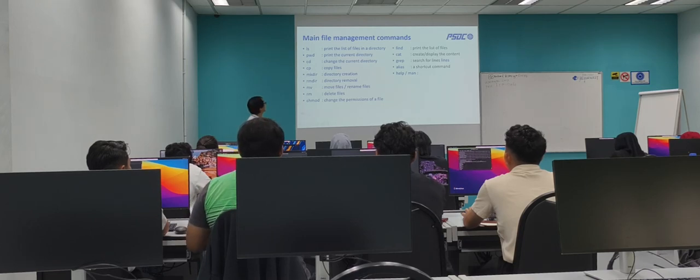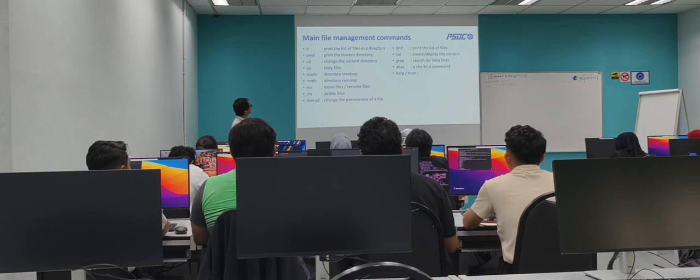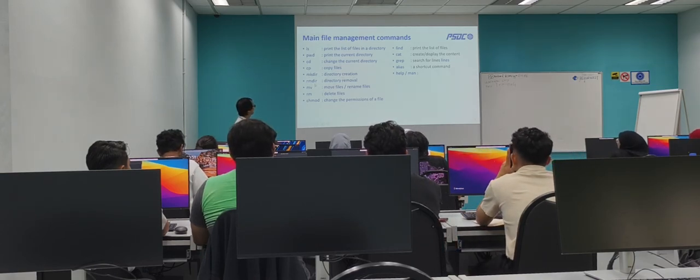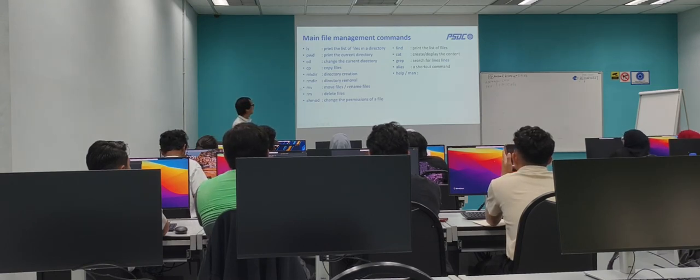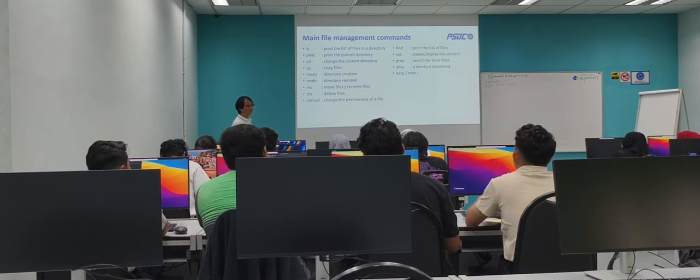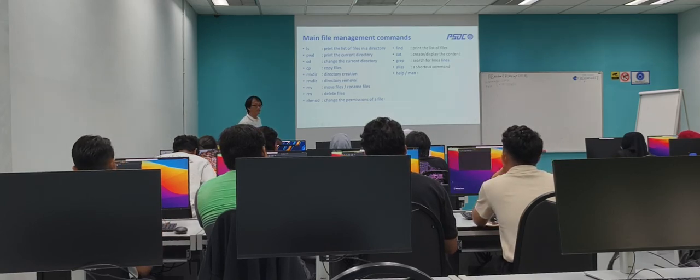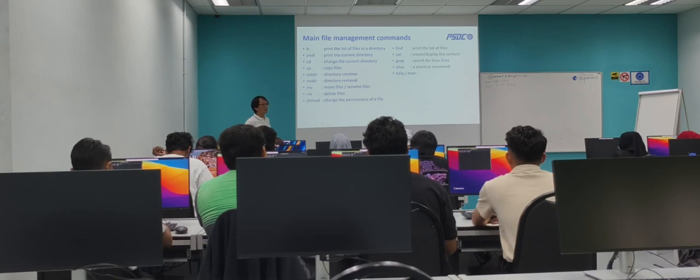There is also cp to copy, mkdir for directory creation, and rmdir for directory removal. mv is move file or rename file. rm is delete file. chmod changes the mode, which is the permission of the file. I will talk more about permissions.